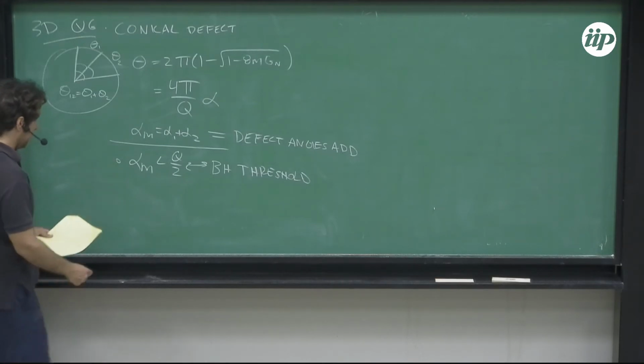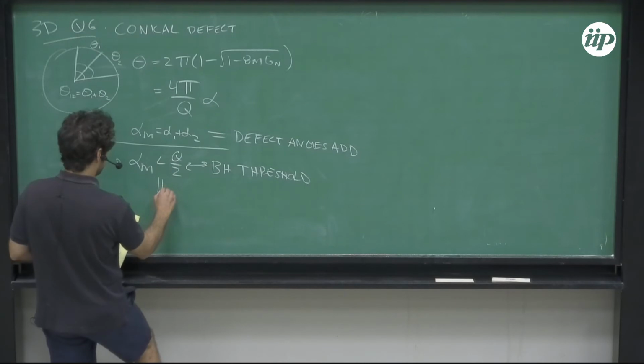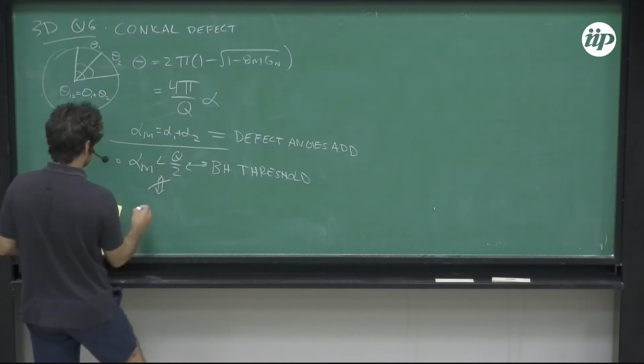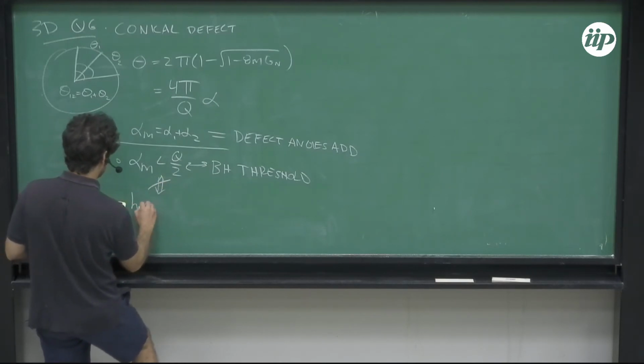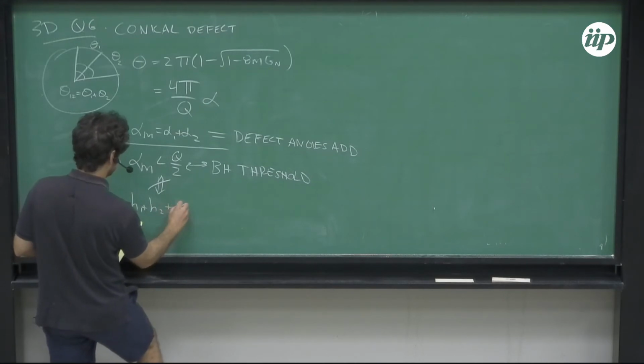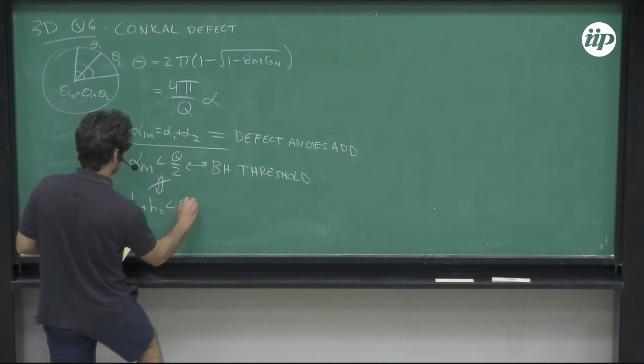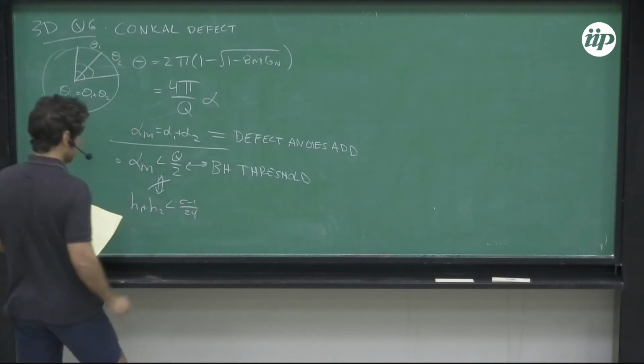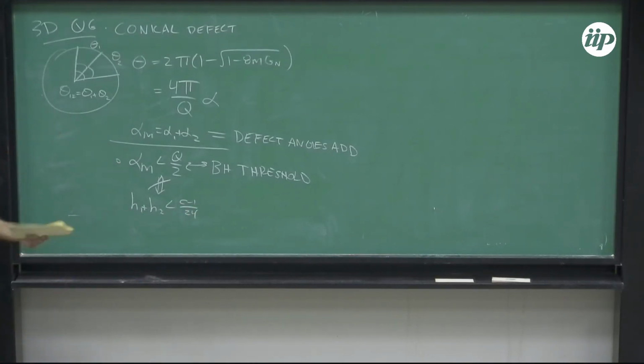But I just want to point out also that this result here is not the same thing as the sum of the two dimensions being less than C minus 1 over 24, which is the naive statement about black hole formation.